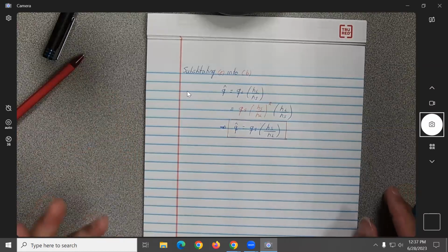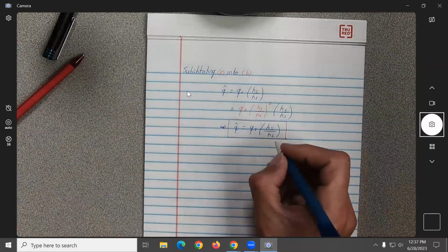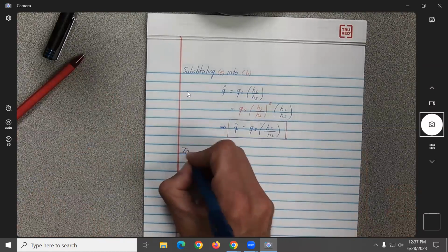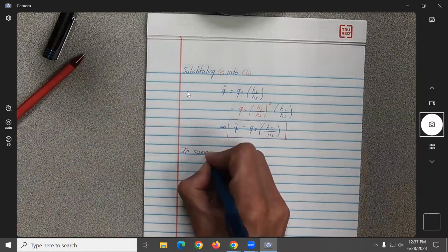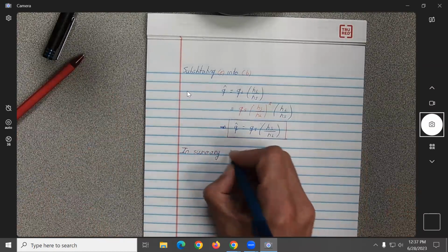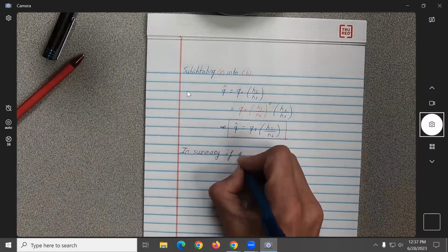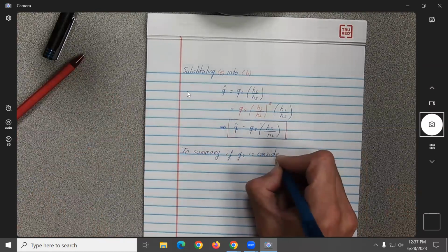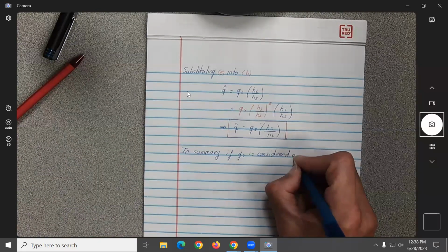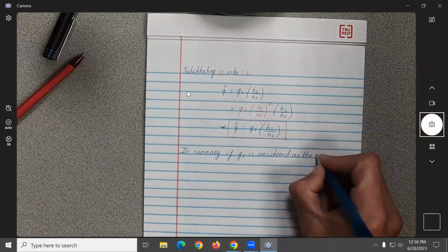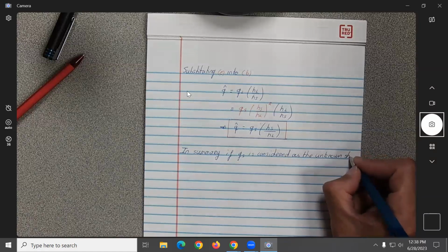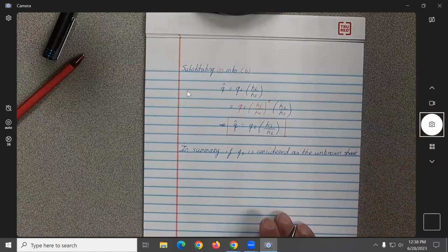Okay, so we have done all the derivation. So let's say in summary, if Q short is considered as the unknown shear, what are we gonna have?